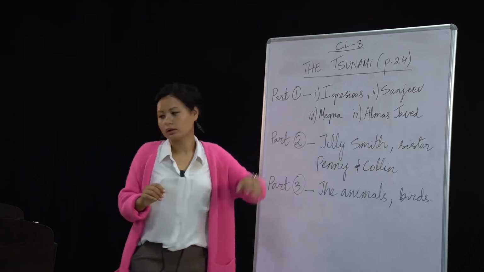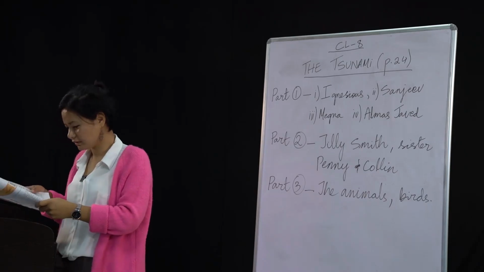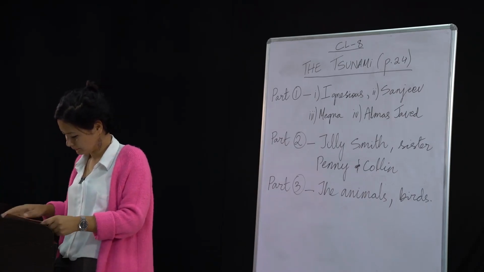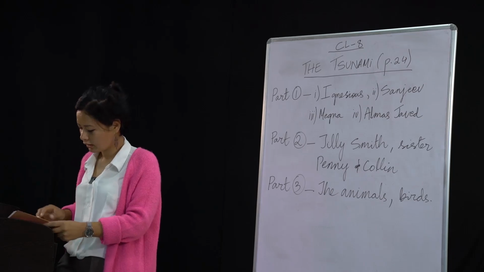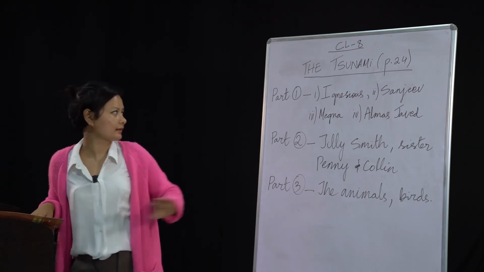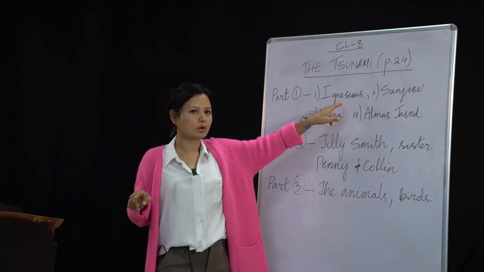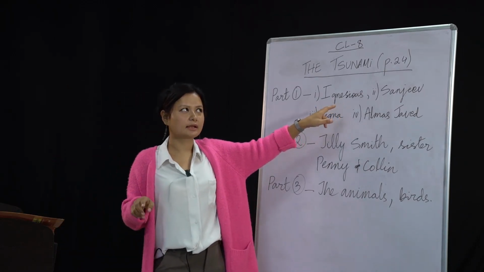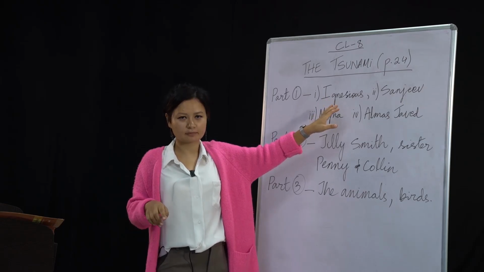Right, so let's go into the textbook, page number 25. The first incident talks about a man called Ignatius. Ignatius was a man who used to work in a cooperative society.